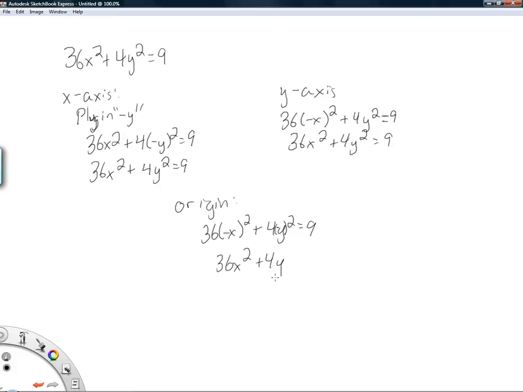So what does that mean? That means that for this problem, there is symmetry on the x-axis, the y-axis, and the origin.